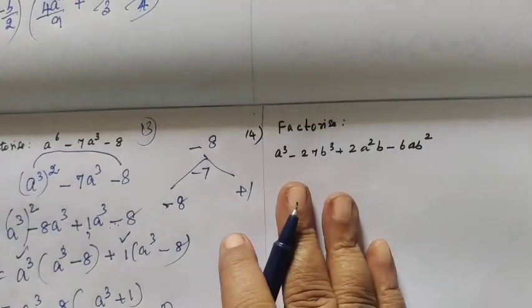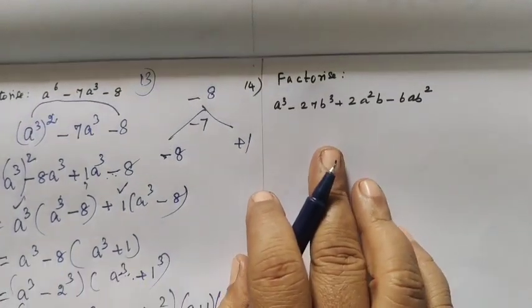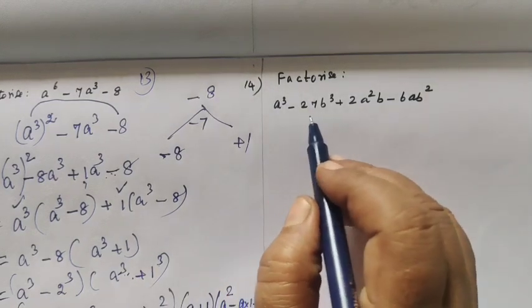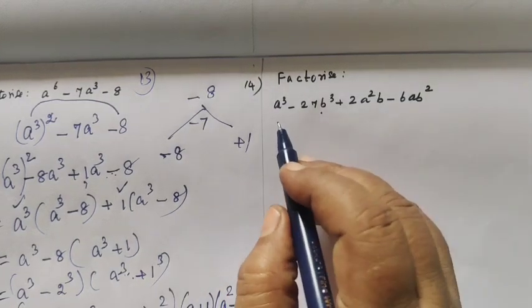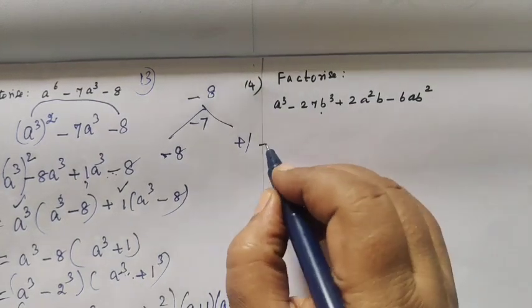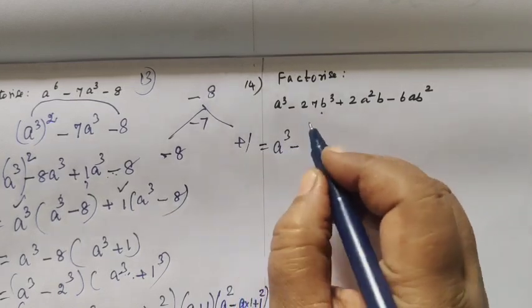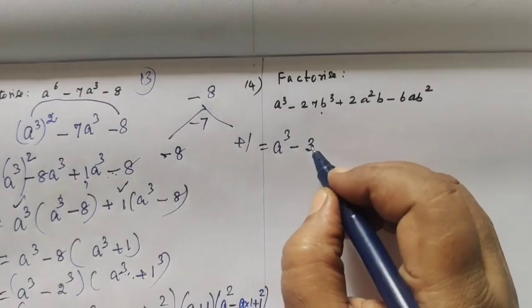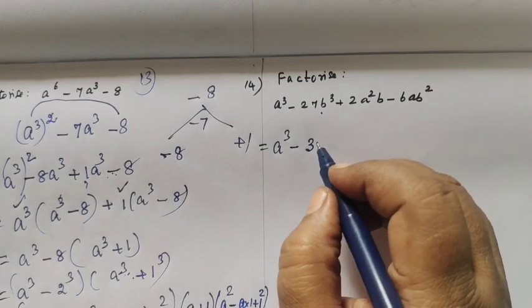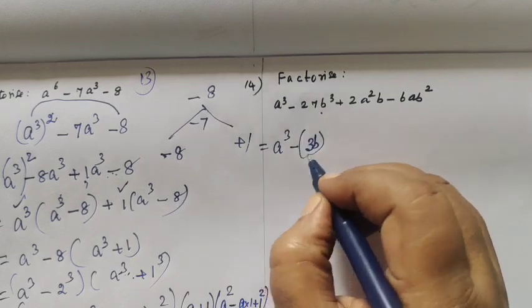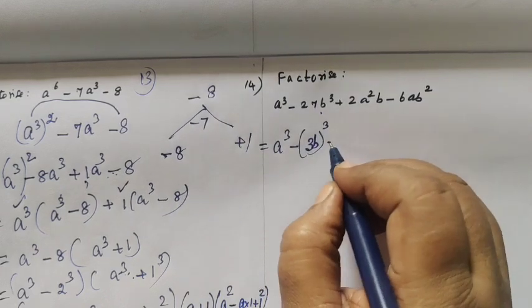Now question number 14, factorize this. Here you can take the a cube minus b cube formula. So a cube minus 27 can be written as 3 into 3 into 3, 27. So 3b the whole cube.